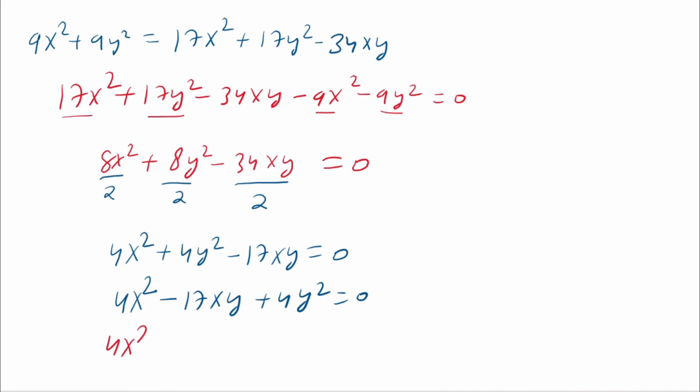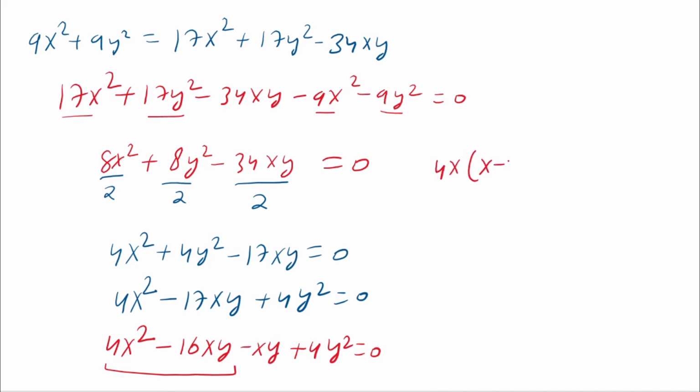Here 4x² − 17xy is the same as 4x² − 16xy − xy + 4y² = 0. Look carefully at these two terms. If we take common 4x, we get (x − 4y), and if we take common minus y, then we get (x − 4y), and this equals 0.